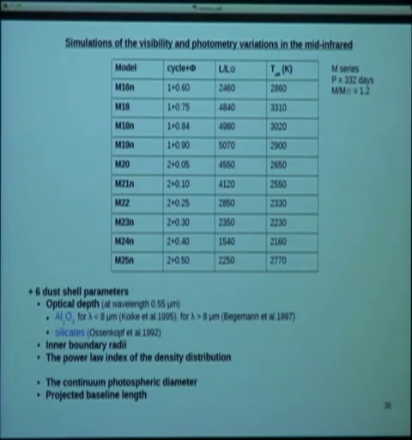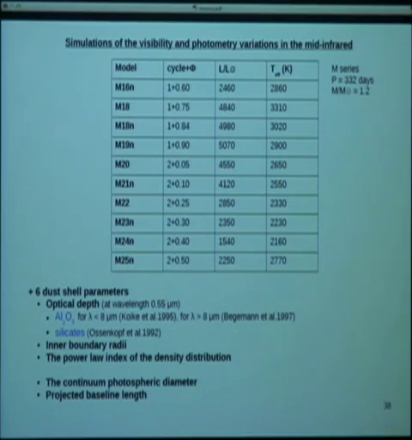In the first column, you can see the models we were using, and in the second column, each model describes a phase of the pulsation. We selected the models to cover the full pulsation period, starting from the middle of the first cycle and finishing in the middle of the second cycle.